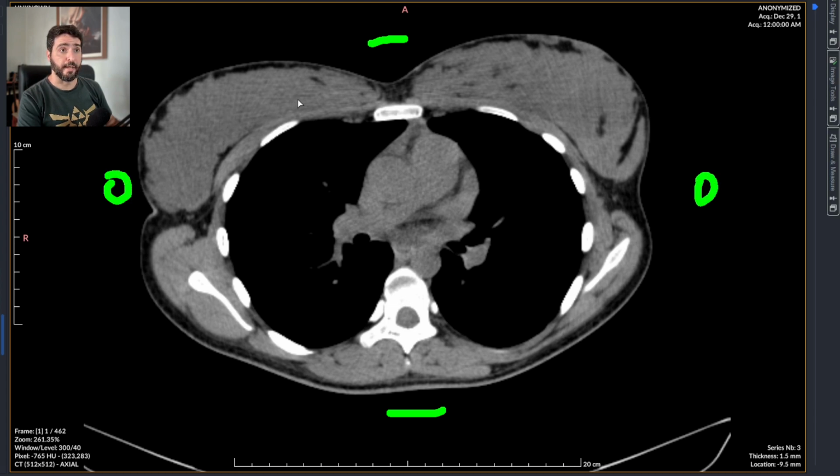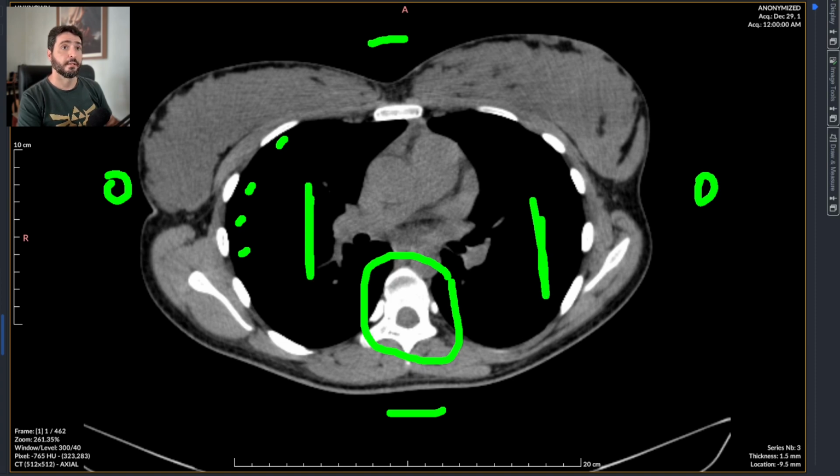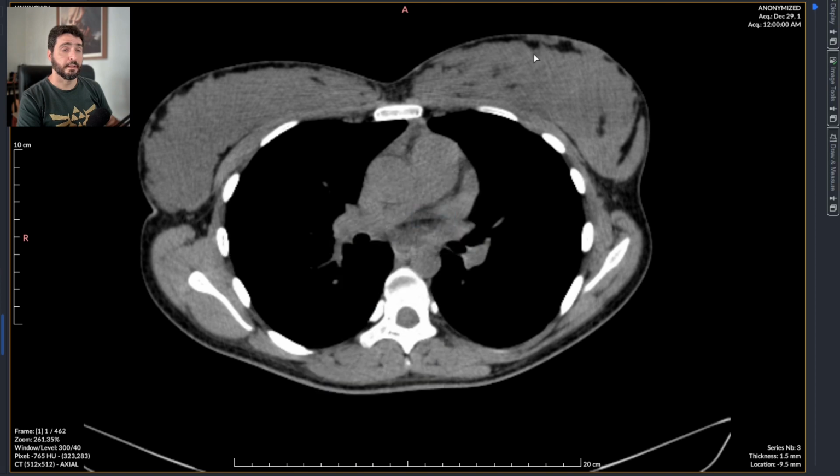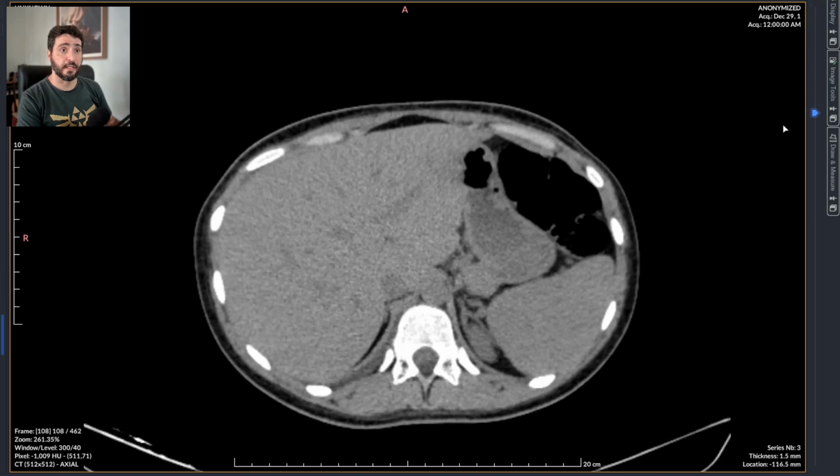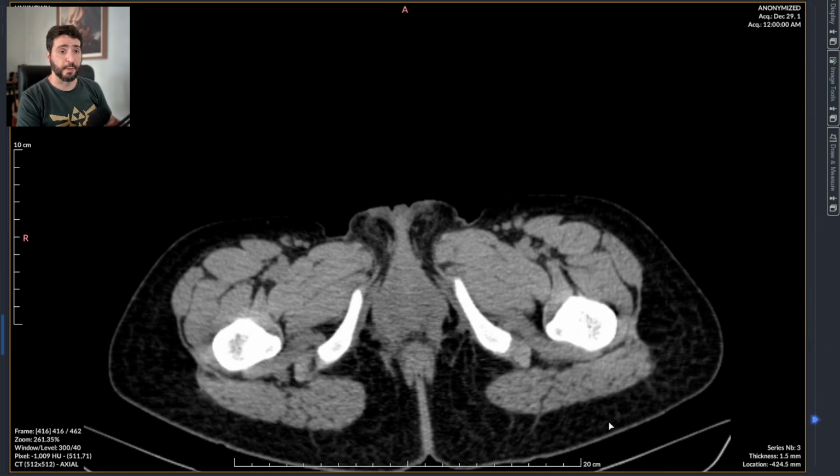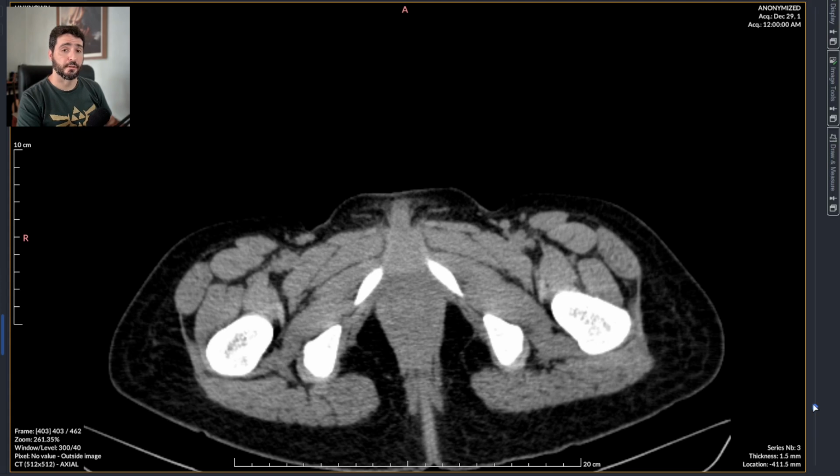These are the breasts, this is the spine, these are the rib cages, these are the bases of the lungs. In a CT scan of the abdomen, we make cross-sectional images from the base of the lungs to the floor of the pelvis or the hip bones. So this is it.